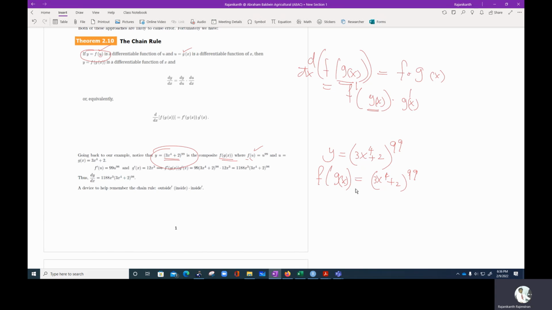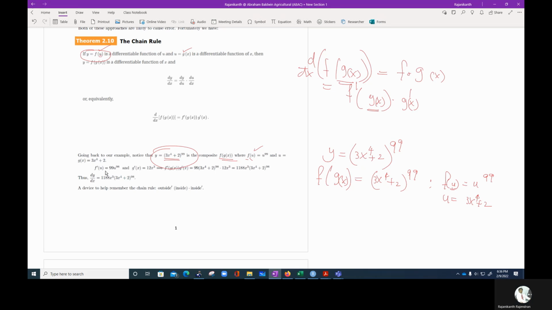What I'm trying to say is it is always possible to write the given function in composite form f(g(x)), where the f function is in the variable u, which is u to the power 99, and the inside function u is nothing but 3x^4 plus 2. Then you could apply the chain rule to do this.